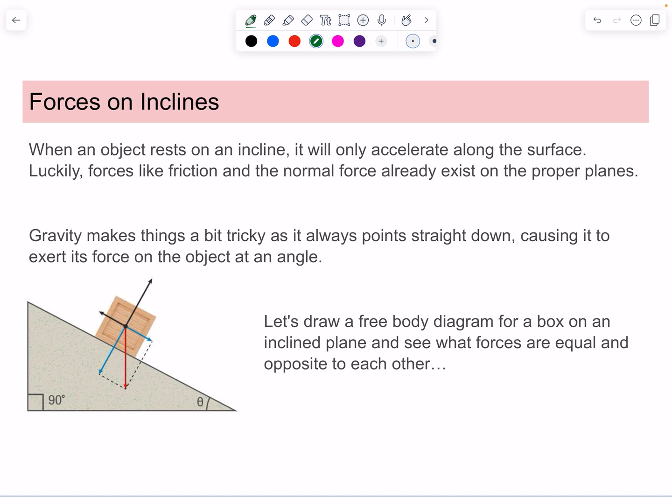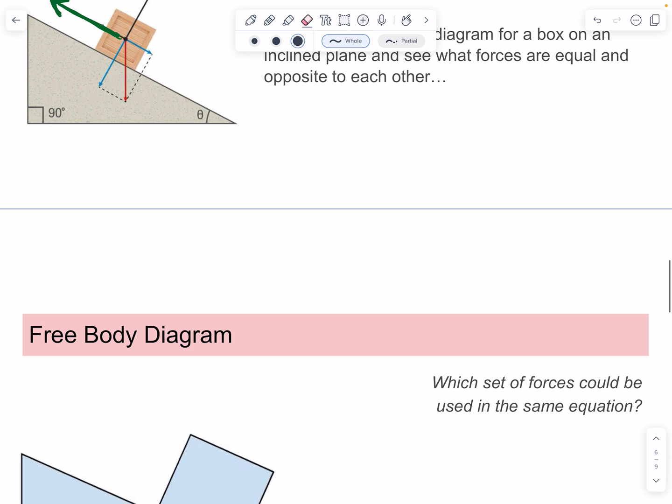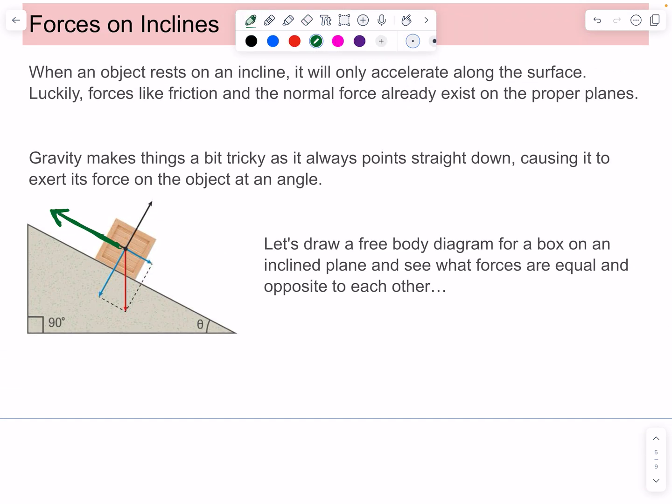Luckily, forces like friction and the normal force already exist on the proper planes, because friction is always parallel to the surface it's resting on, and normal force is always perpendicular to the object it's resting on. But unfortunately, gravity is always directed straight down. So that force is always going to exist at an angle.